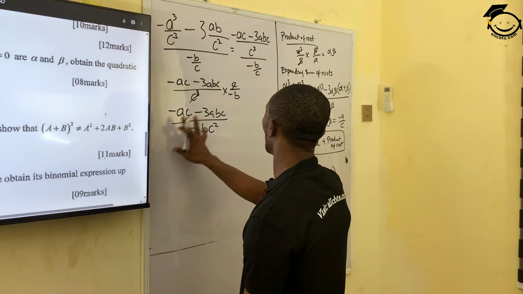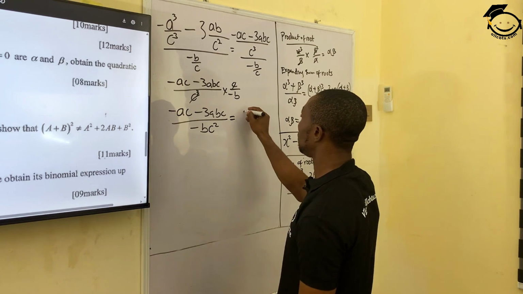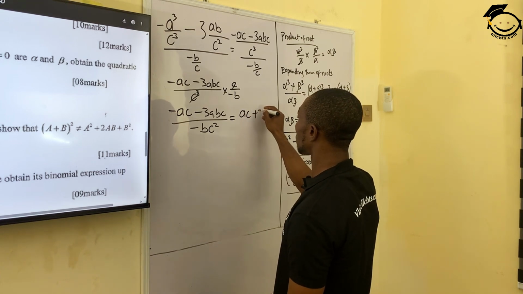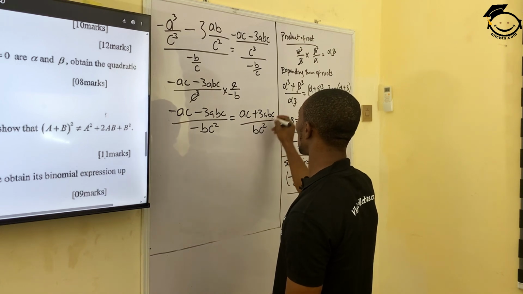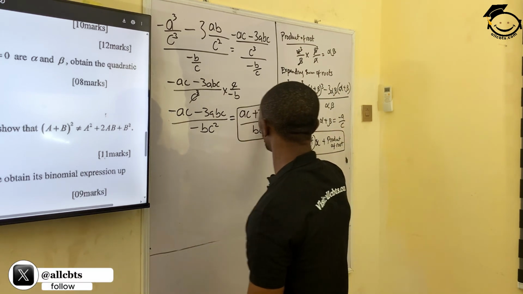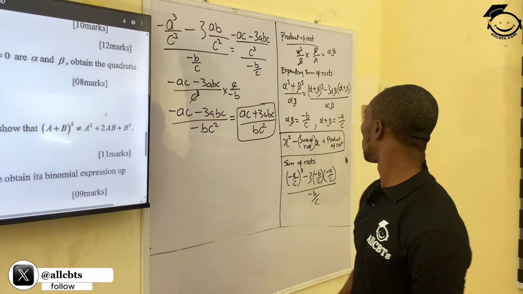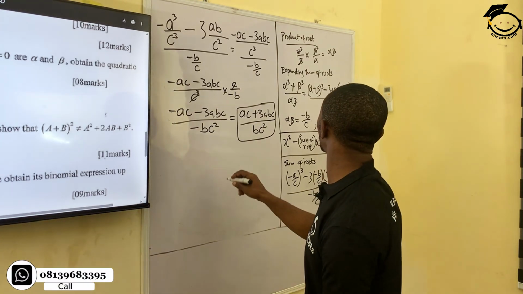So here, if we multiply through by a negative, we are having AC plus 3ABC all over BC squared. This is our sum of roots.